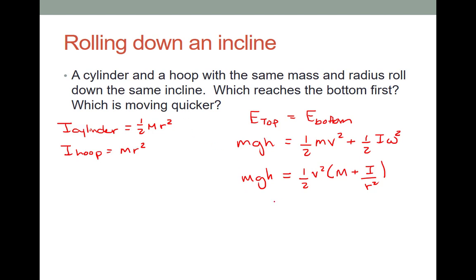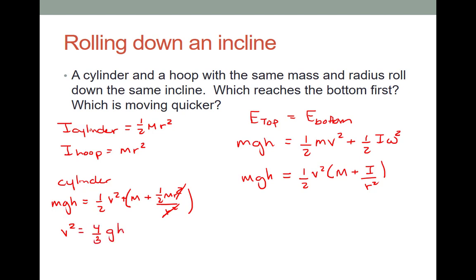Plugging in the moments of inertia for the cylinder, I get mgh equals 1/2 v squared times the quantity m plus 1/2 mr squared divided by r squared. This works out that v squared equals 4/3 gh.